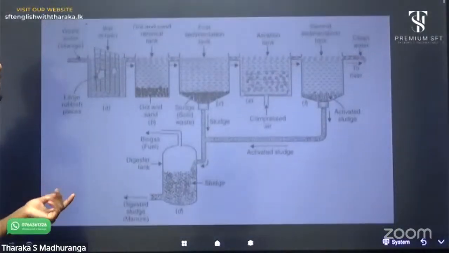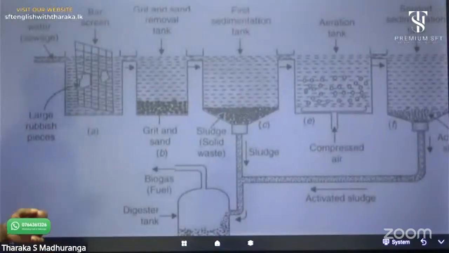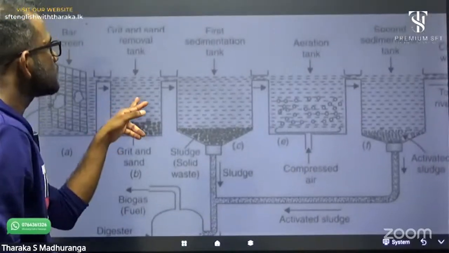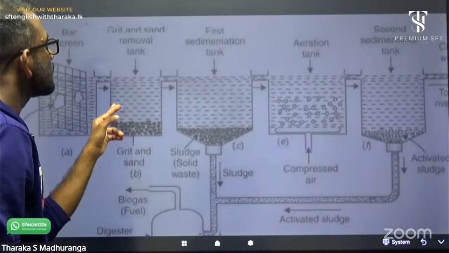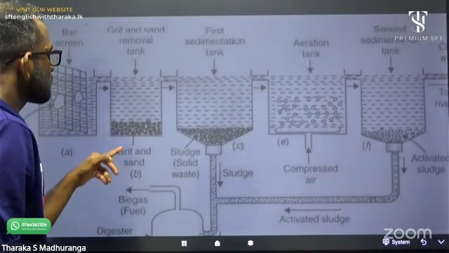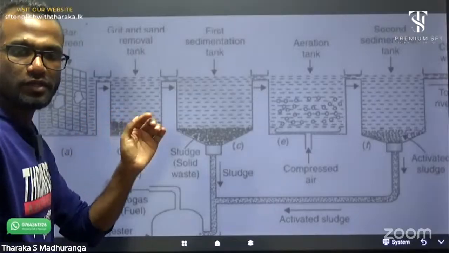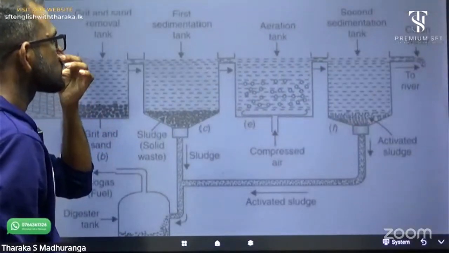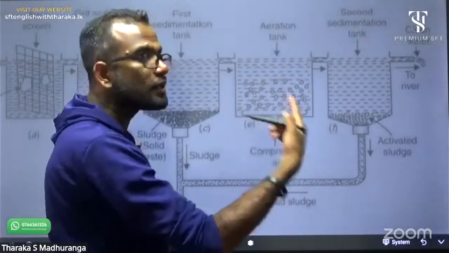Okay, this is the screen. Screen means filtering. Okay, filtered water. This is the primary treatment. Adding alum, you can see the accumulated solid compounds precipitate, right? This is the aeration tank. Aeration tank means secondary treatment, bacterial activation.